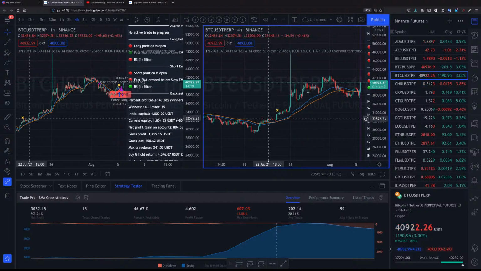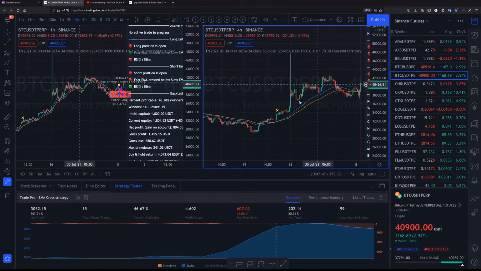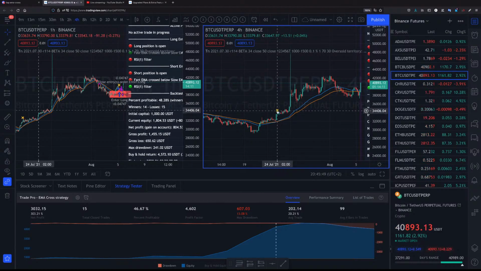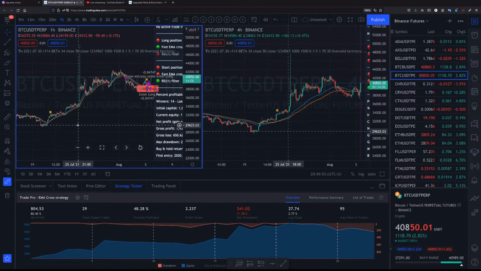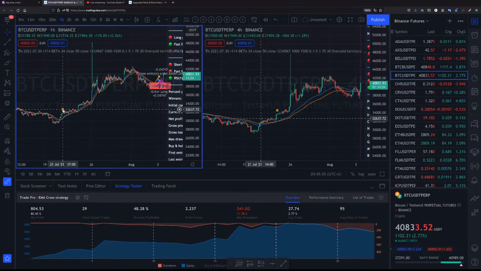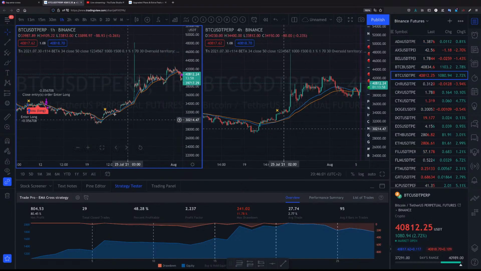I will take only the entries on the slope in an uptrend market. I would take this one. This is the entry. Okay. Is it right?